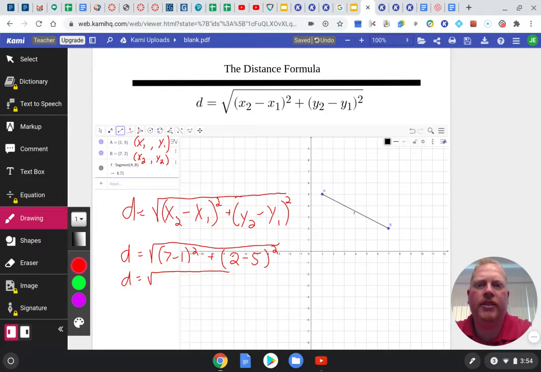Order of operations tells me that I need to do parentheses first. So inside the parentheses, 7 minus 1 is 6, and then 2 minus 5 is negative 3. And now that I've done parentheses, I do exponents.